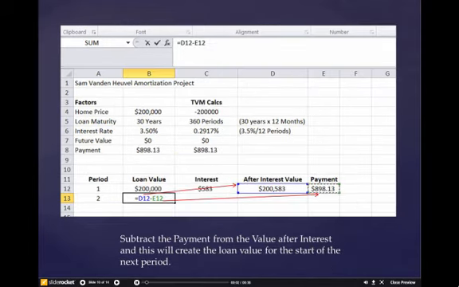And like I said just on the last slide, to get our new loan value, or our period 2 value, we need to subtract the after interest value, or cell D12, and then we need to subtract the payment, which is in cell E12. So this is going to create our new loan value. We added interest to the original value, and then we paid principal and interest to create a new loan value for the start of period 2.